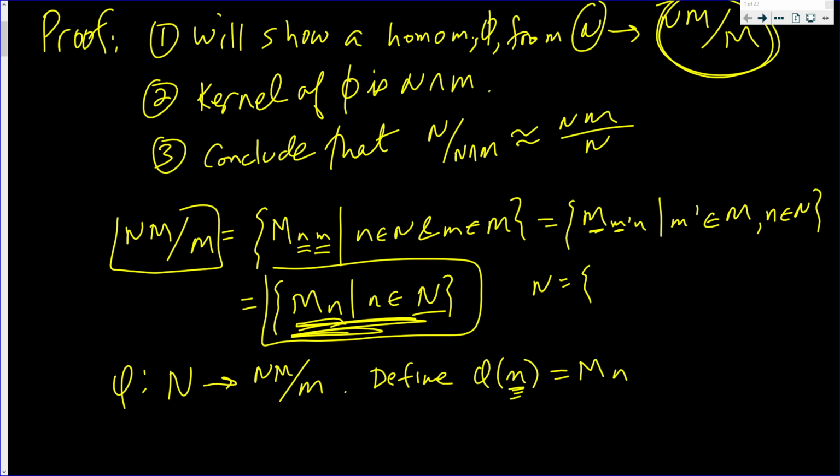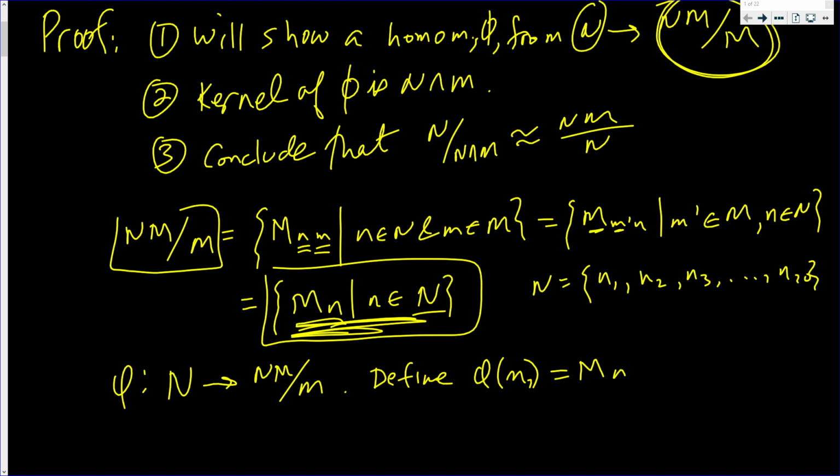N may contain n1, n2, n3 up to, say, n20, but there's no reason to do that.